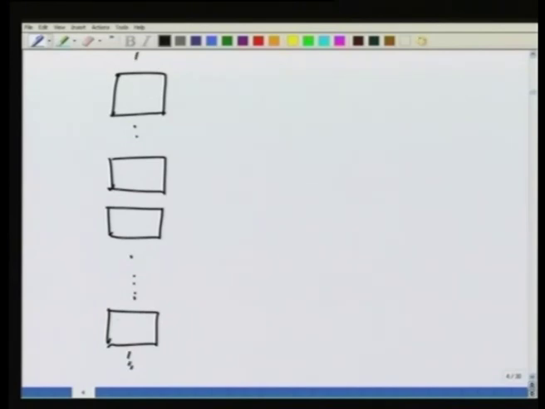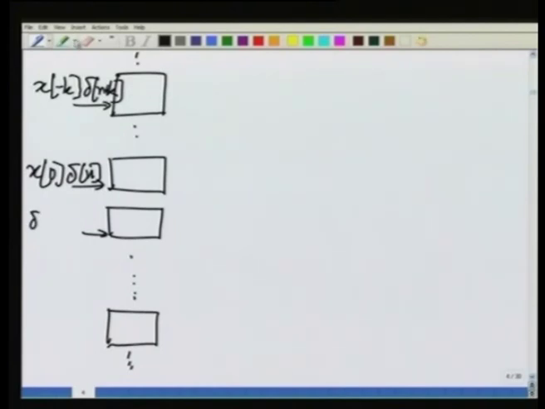I have made lots of copies of this system, and here I will apply x minus k delta n plus k. Here I will apply x 0 delta n. Here I will probably apply x 1 delta n minus 1.